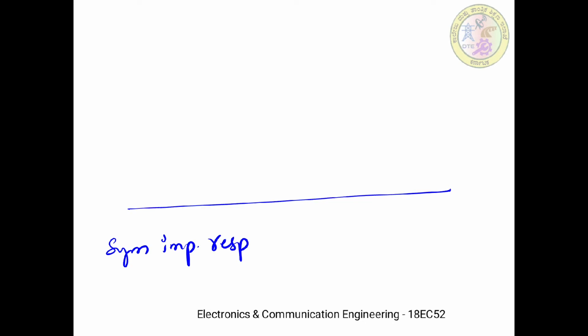Okay, so this is known as the symmetry condition. Now graphically you can show the symmetry condition like this. If this is my axis, I am plotting the symmetric impulse response when m is odd. So this is the symmetrical impulse response, in this case m is odd.